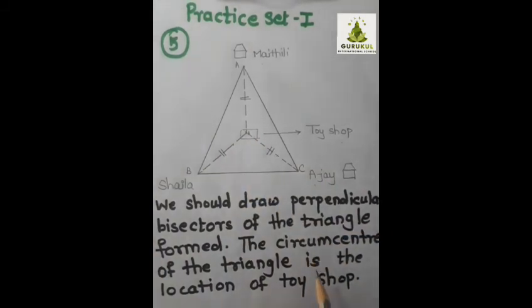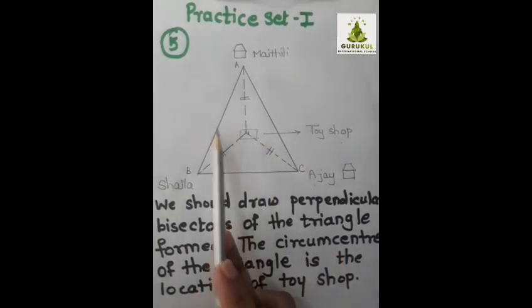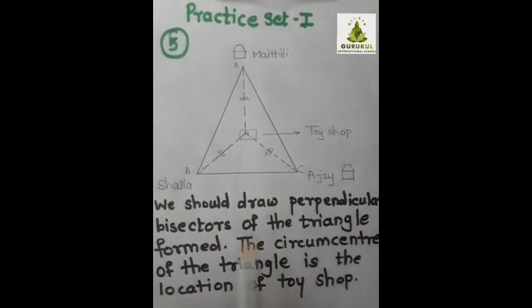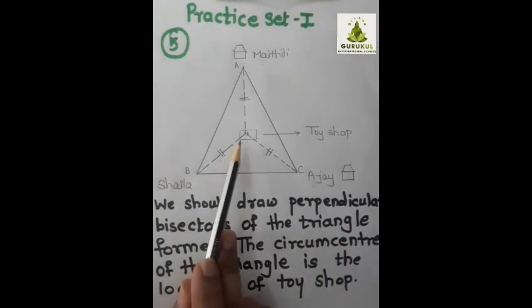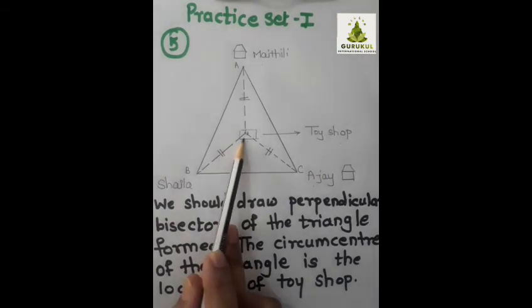So what you have to do? You have to draw the triangle and draw the perpendicular bisectors of the triangle. Then you will get the circumcenter, which will be the exact location of the toy shop.